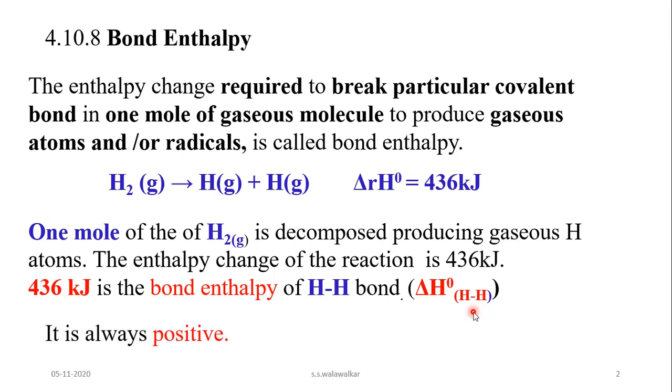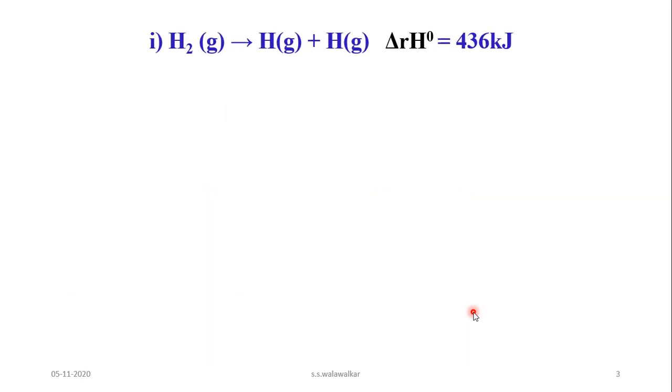Now see here, the hydrogen molecule is a diatomic molecule, and a single covalent bond is there in between 2 hydrogen atoms. And when it decomposes, it gives you 2 atoms, and during this much amount of heat is required.